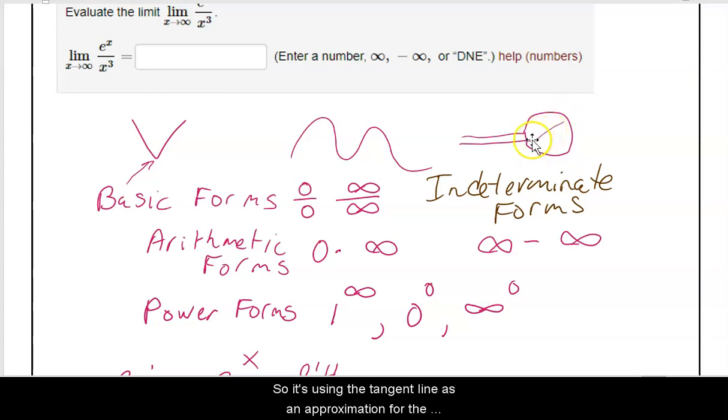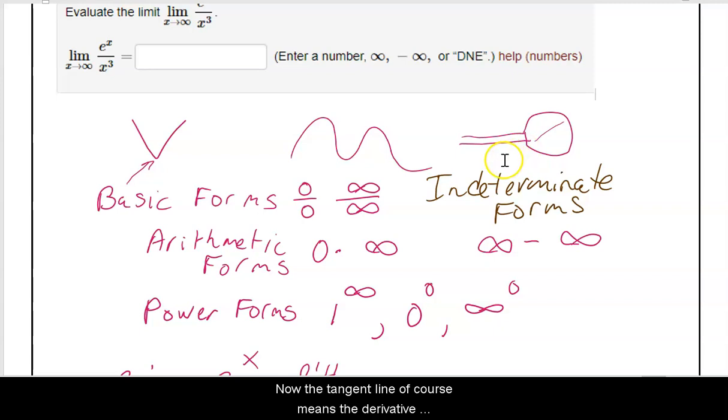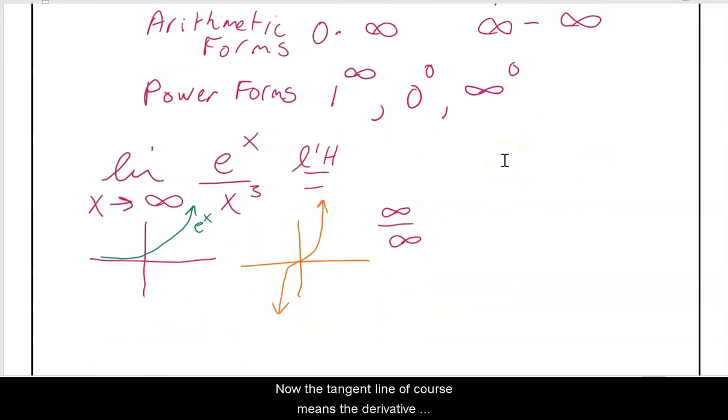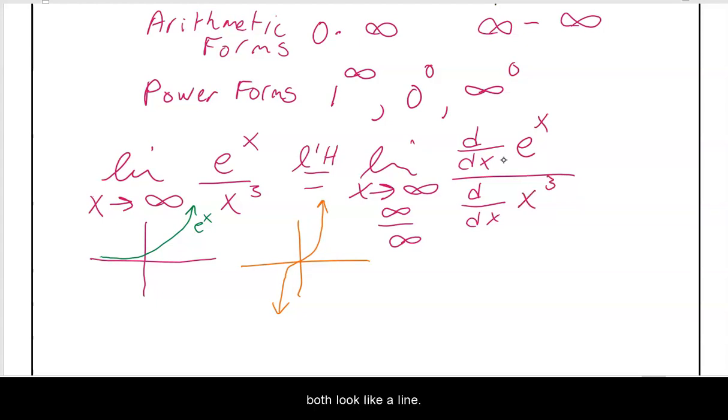So it's using the tangent line as an approximation for the function by zooming in really, really close. Now, the tangent line, of course, means the derivative. So L'Hopital's rule takes the derivative of just the numerator and the derivative of just the denominator and then divides those. And again, this is because if you zoom in really close, they both look like lines.